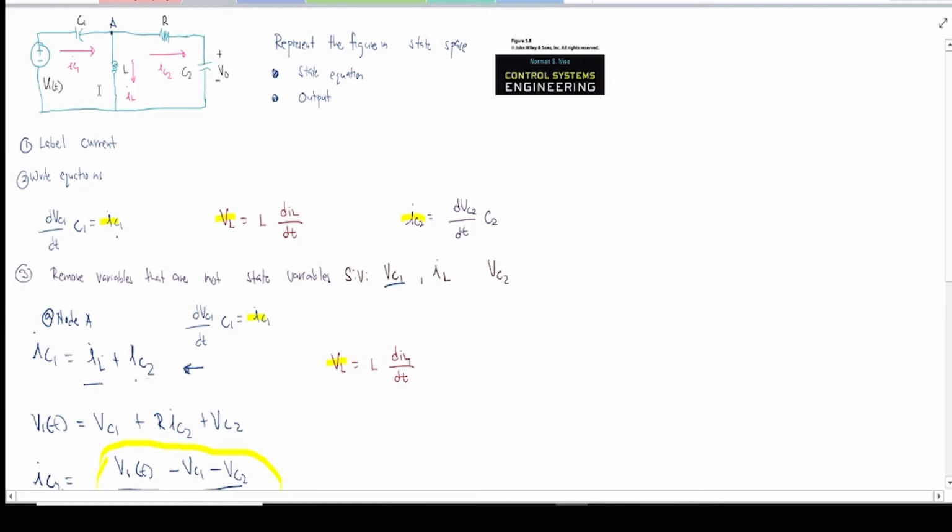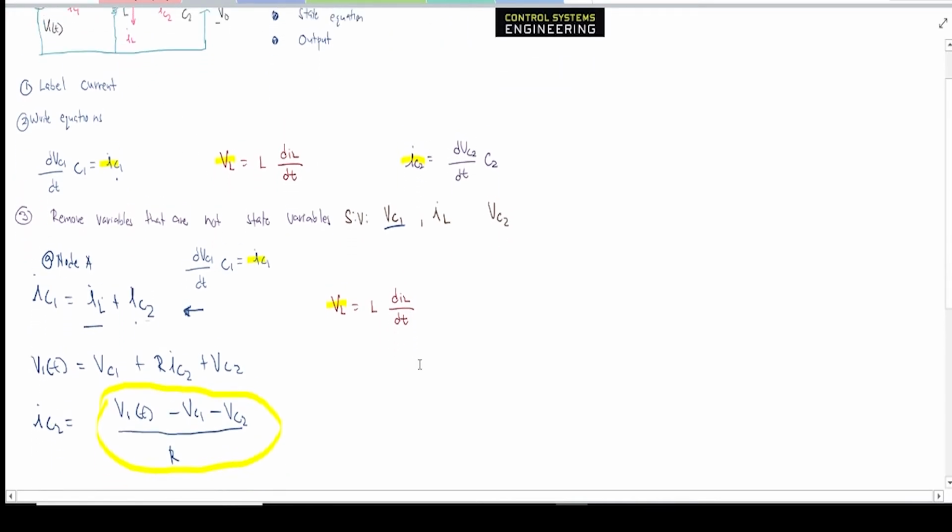At first glance, it is easy if you have a loop on this one, because you have the input, okay? And then the voltage drop would be VC1, which is a state variable. And then VL, we're just going to isolate this, so that we have the equation for the VL.